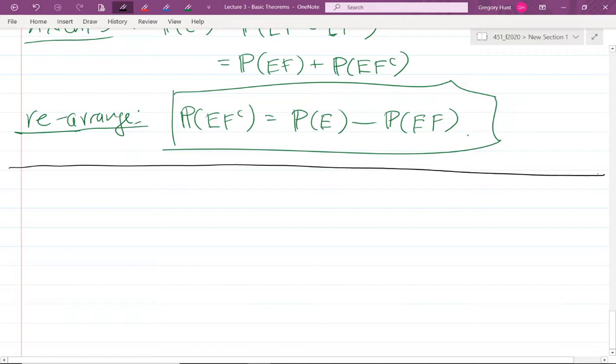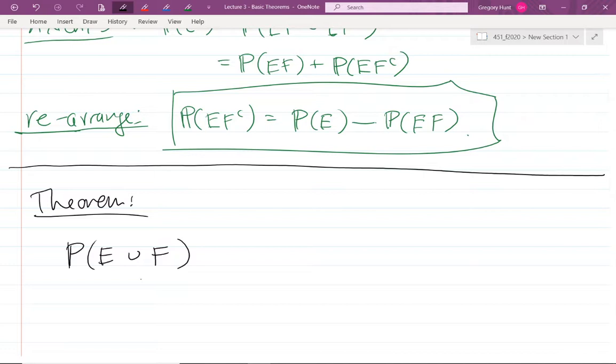Here's a more intuitive theorem. I want to calculate the probability of E union F. Now you might say that should be the probability of E plus the probability of F. But you'd be wrong.